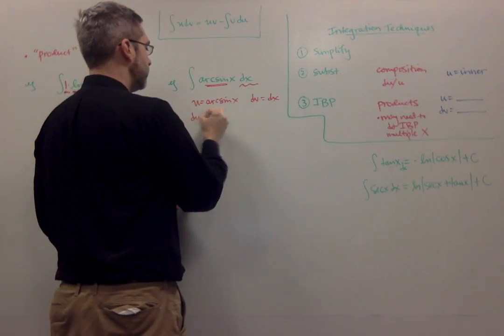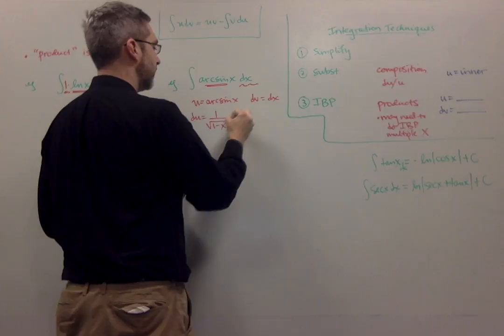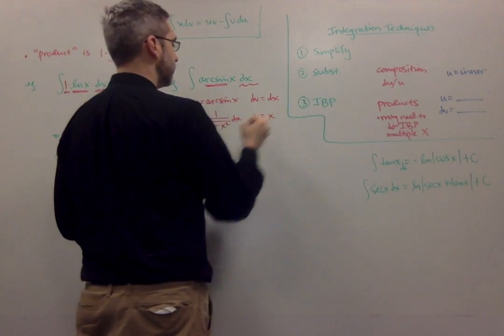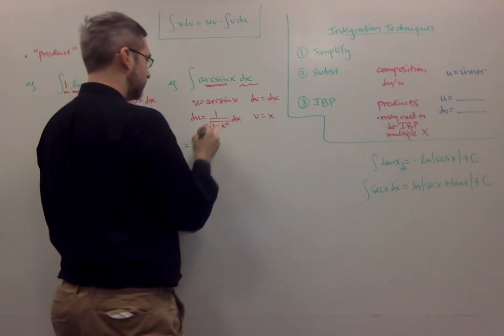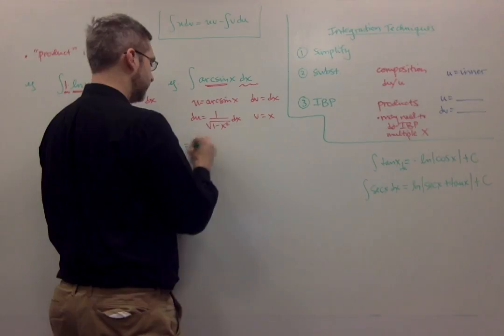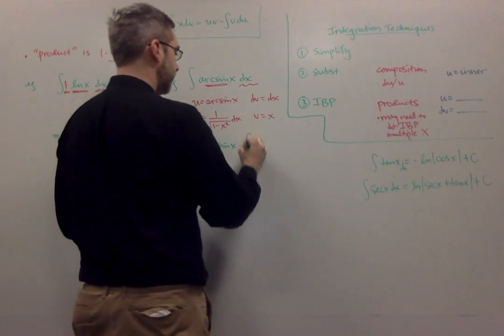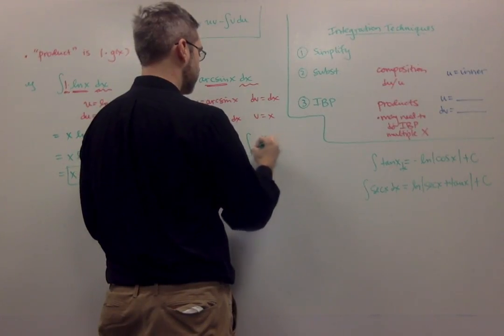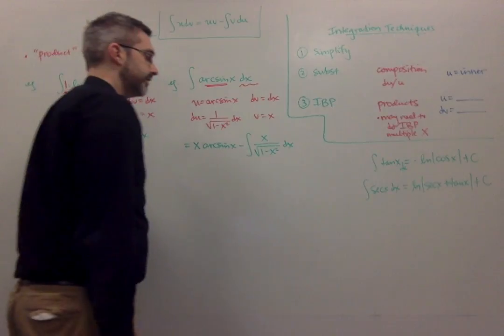So then du is going to be the derivative of arcsine, which looks like this, dx. And v is going to be x. And so then, using my formula, I've got u times v, so x arcsine x, minus the integral of v times du, which is this.